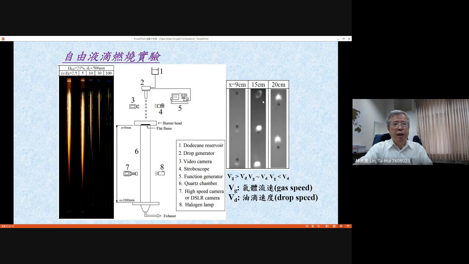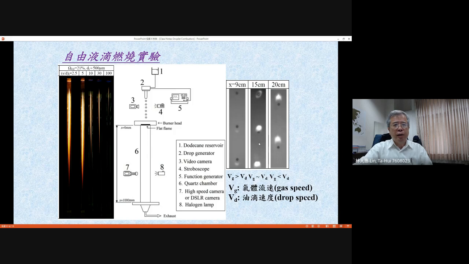Then you can see the top one actually shows that the diffusion flame is more like a spherical flame, right? But later on, you will find out the flame changes its position to the downstream of your droplets. Originally it is on the upstream side because the relative velocity is acting in the downward direction, right?